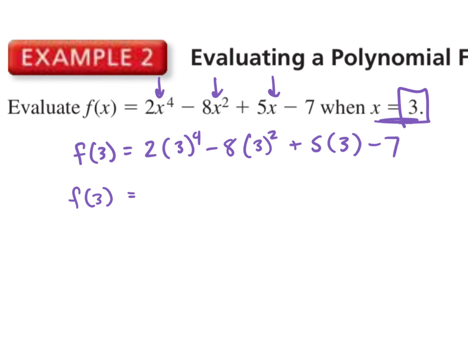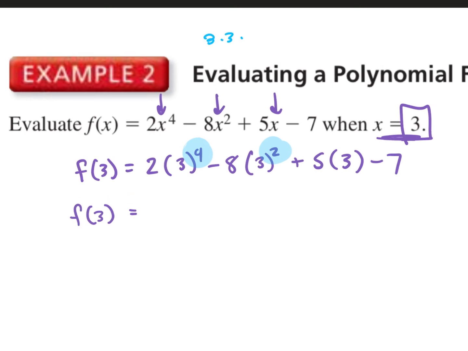What do I have to do first? The parentheses, but I don't have any math going on in the parentheses, so what would I do next? The exponent. Got to do the exponents. So 3 to the 4th power is like saying 3 times 3 times 3 times 3. 3 times 3 is 9. 3 times 3 is another 9. 9 times 9 is 81.